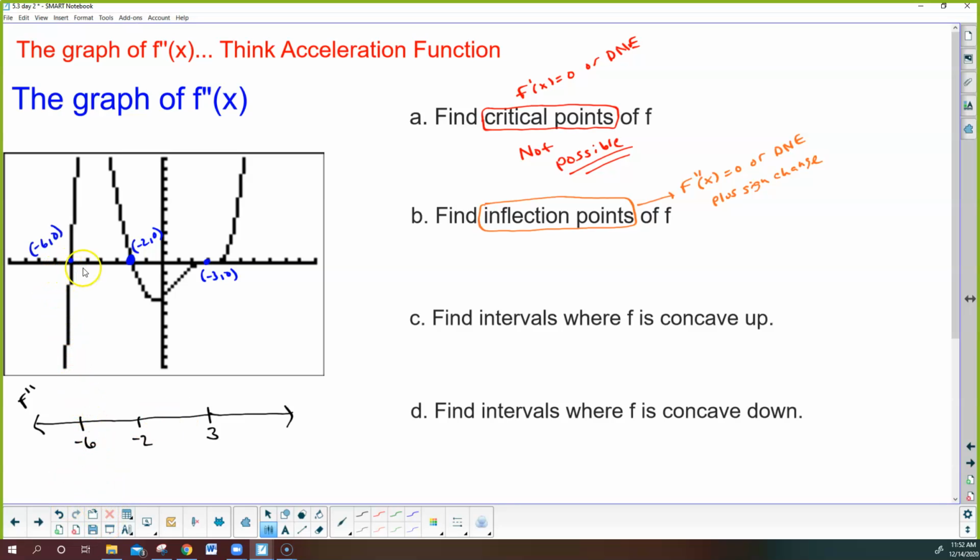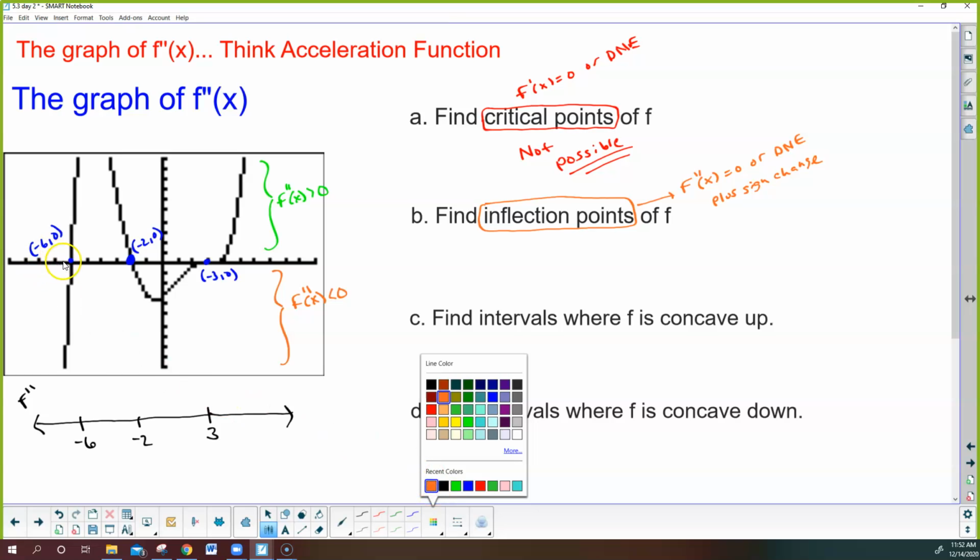So now we're going to read and notice anything below this line, f double prime of x is negative. And then anything above that line tells me the second derivative is positive. So let's make a sign chart based off of this knowledge. All right. Well, to the left of -6, my values are below the x-axis, so that's negative.